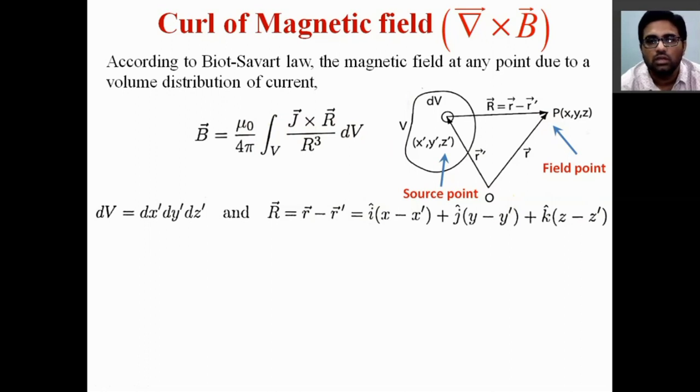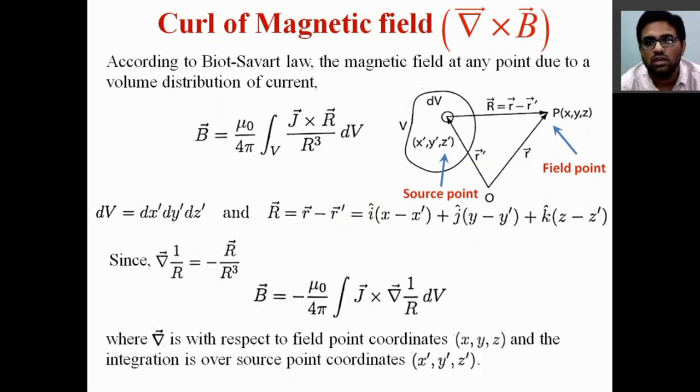Now here you should note that the magnetic field is function of field point coordinates. The volume element dV is a function of source point coordinates and R is combination of source point and field point coordinates. Okay.